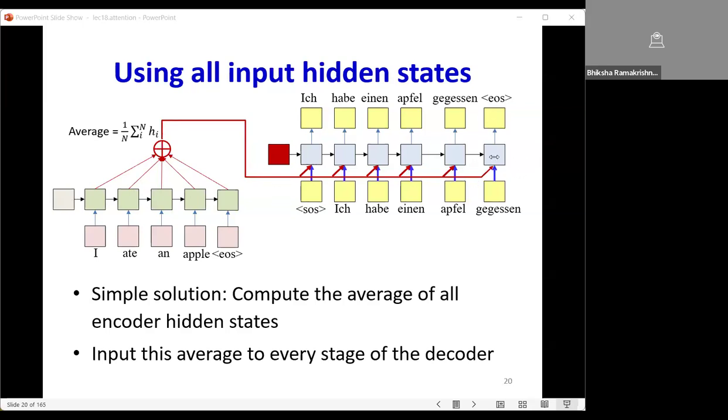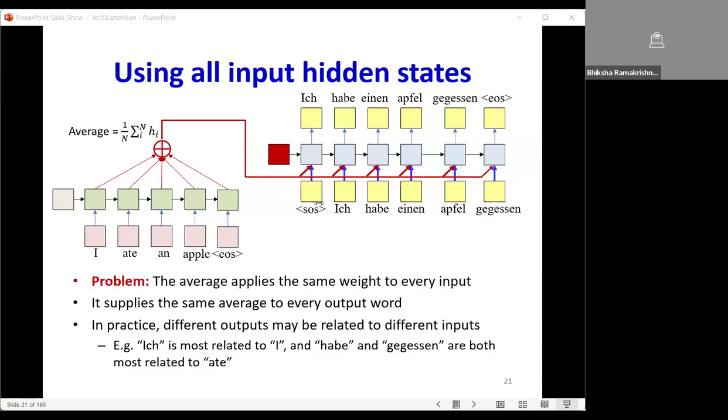This ensures that every single output has some kind of access to every single input. But that's kind of inadequate because the same averaging applies to every input, which means that each one of these outputs sees the same average vector.